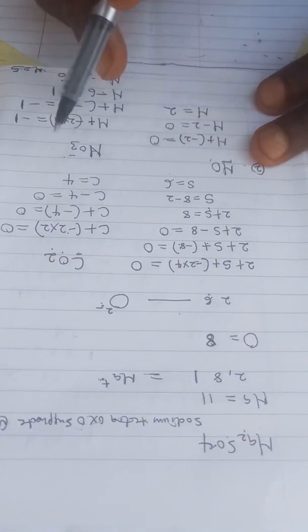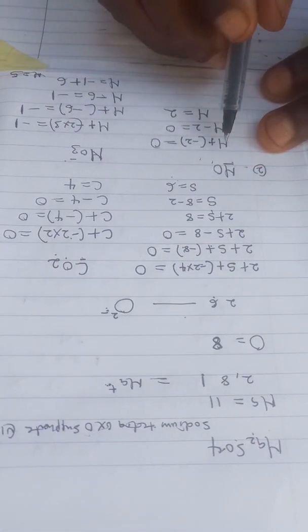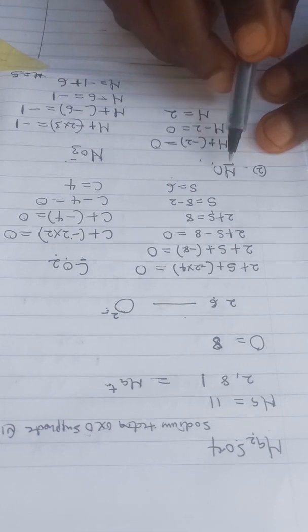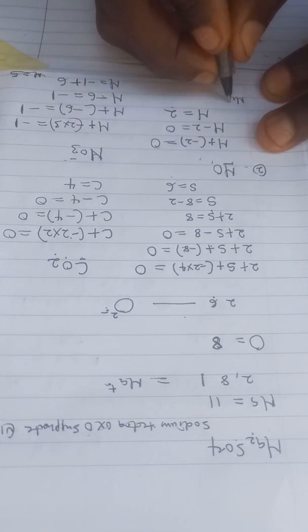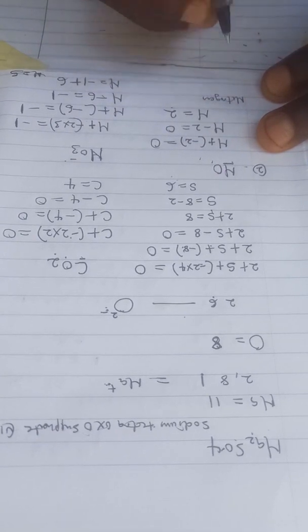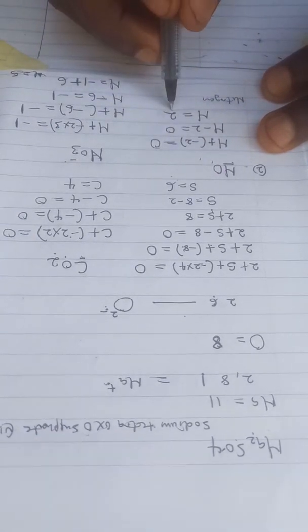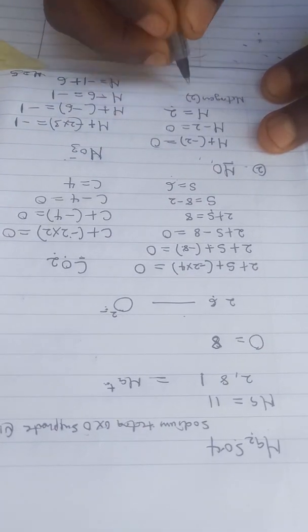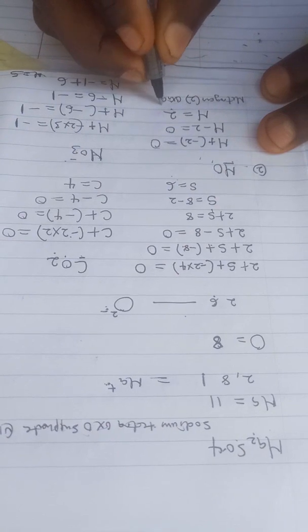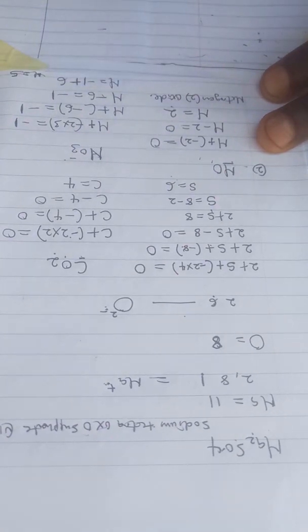In case of this one, we have NO, which is nitrogen oxide. This one is nitrogen. So we'll put our prefix, which is 2. Nitrogen(II) oxide.